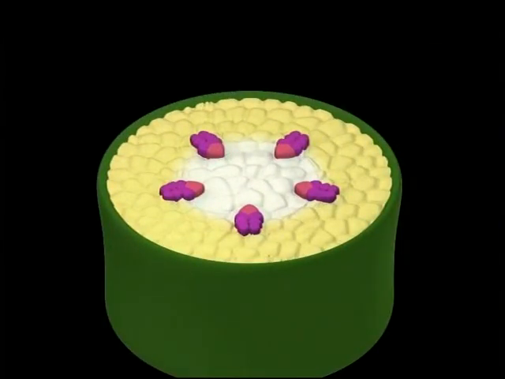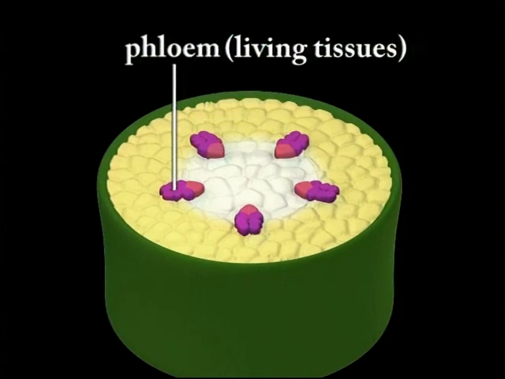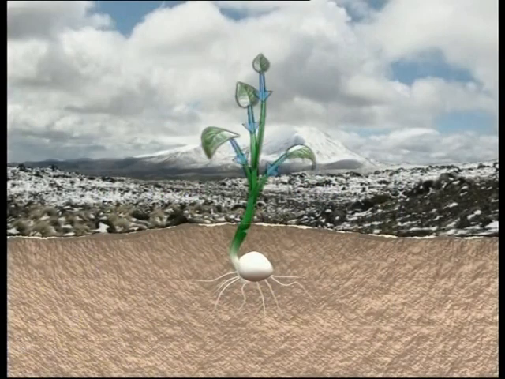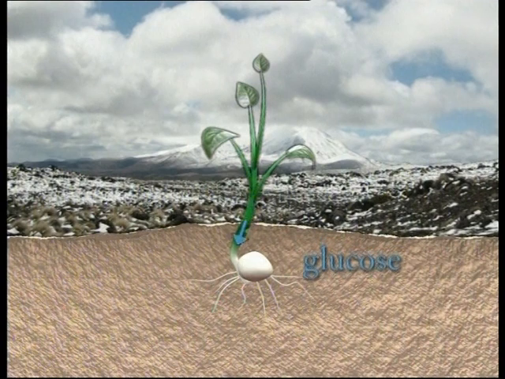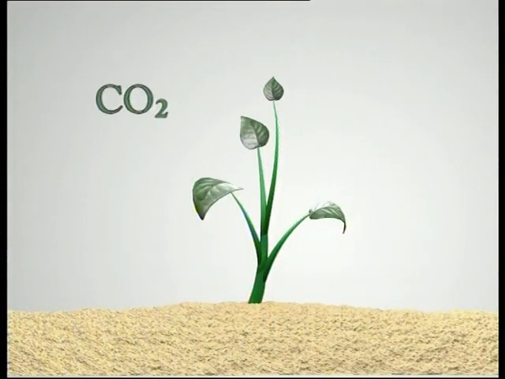Number 2. The phloem, which is living tissues, transport glucose from photosynthesis in the leaves to the other parts of the plant. Number 3. The opening of the stomata enables the exchange of gases, that is carbon dioxide and oxygen, to diffuse in and out of the leaves.